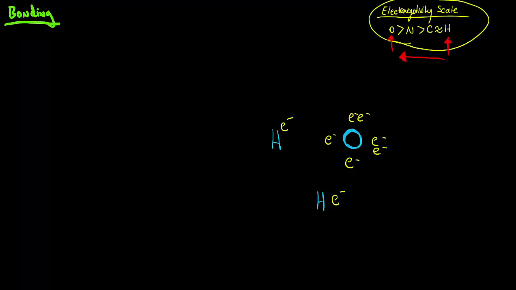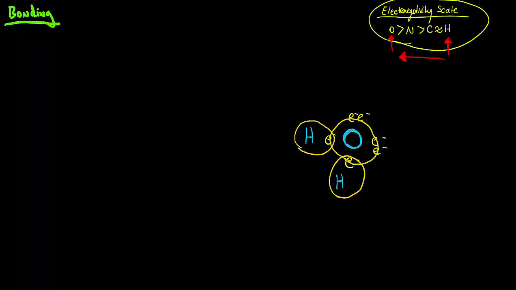So let's show how these link up then. We draw in hydrogens where we're going to fit them into this molecule. And I'll use orange here to show the bonding. And let's get the other electrons in there, because in every covalent bond, electrons are shared.